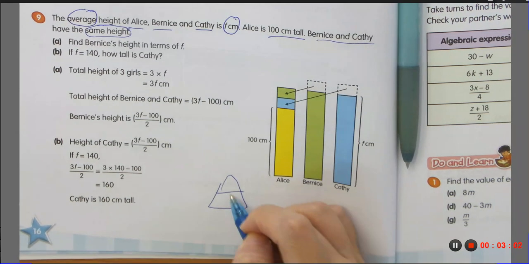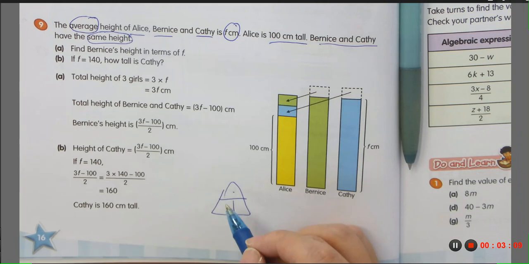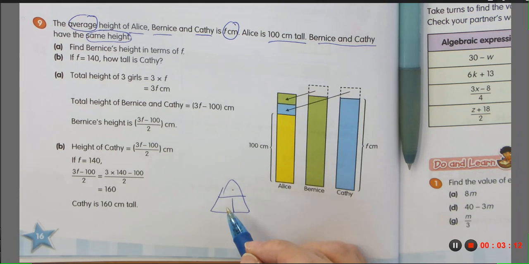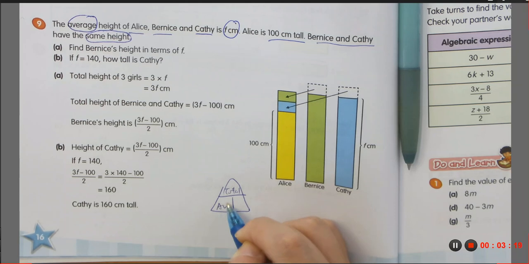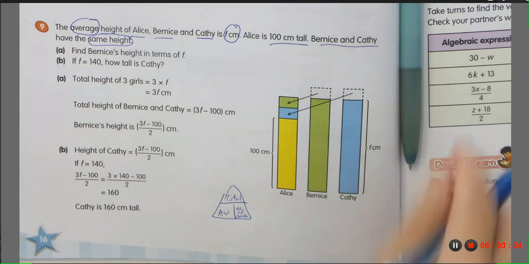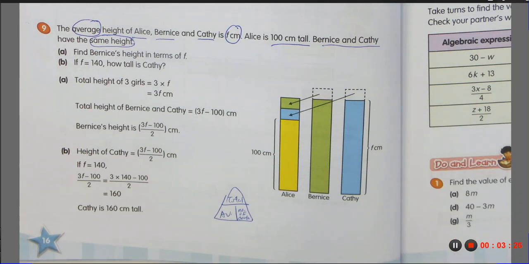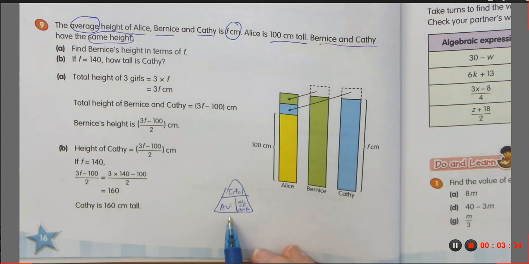The triangle shows what is at the top. What is the equation for finding average? Total divided by number of data. So average is equal to total divided by the number of data.